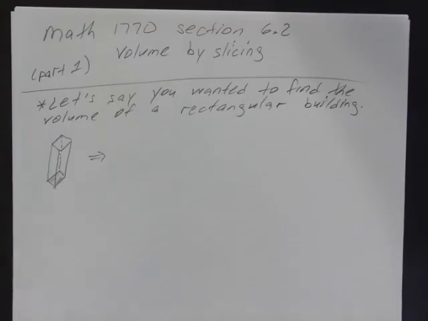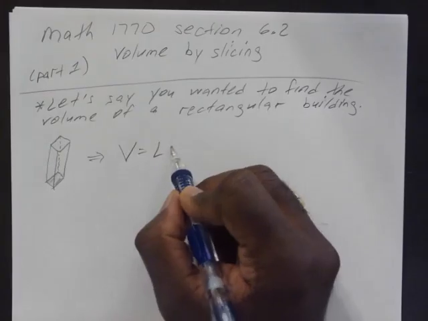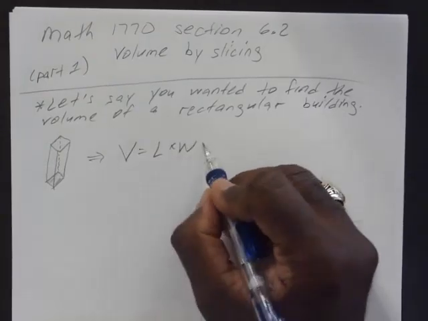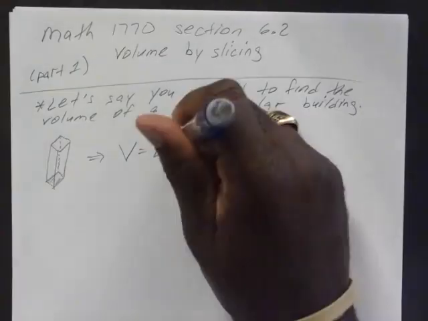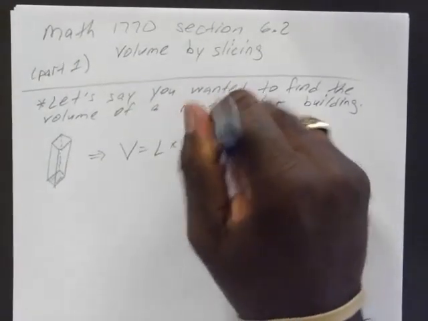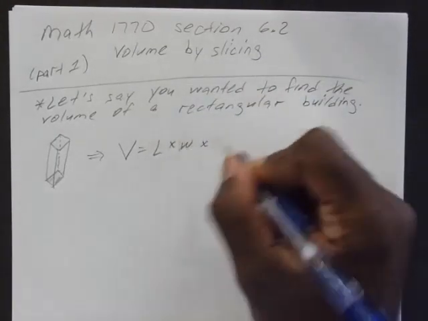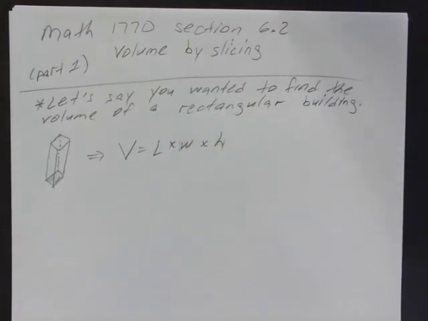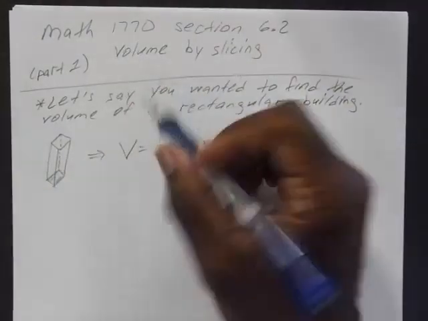Okay. So we know that the volume of a rectangular building will be the length times the width times the height. I'll put lowercase w and h, since the uppercase has a different meaning. And put a lowercase l.